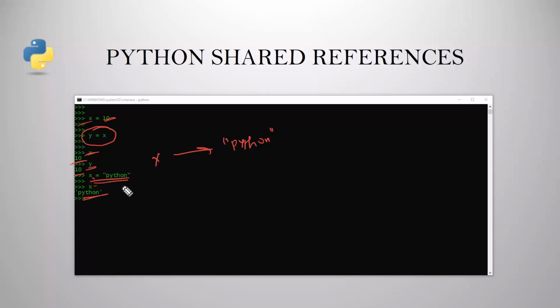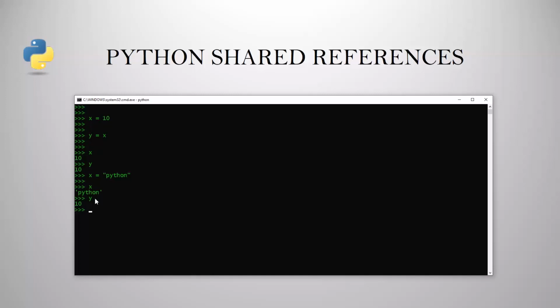What will happen to y? Is it also changed to the string value Python, or does it still have the numeric object 10? So let's see by printing y. So y is still holding the value 10.